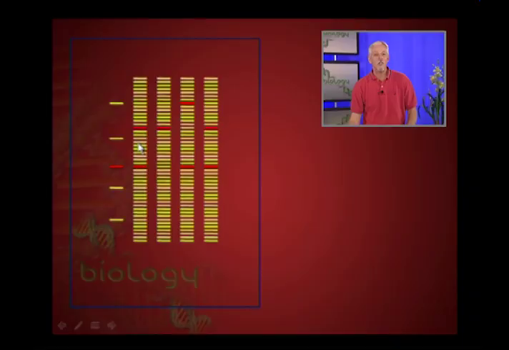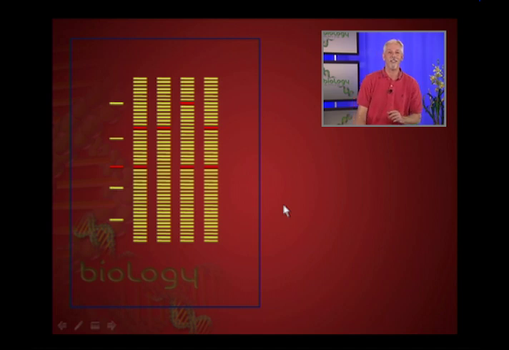Now, could you say then that this sample and this sample are a match? Probably not at this point. So what we would want to do is target other VNTRs. We would cut with restriction enzymes on different sides of other VNTRs, perhaps a VNTR that's ATT, ATT, ATT.